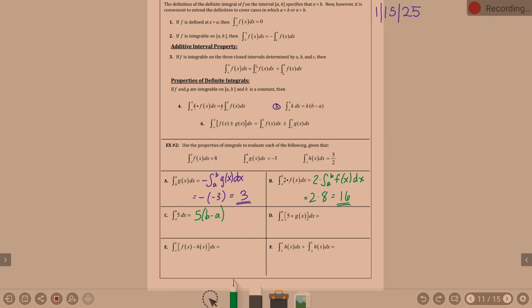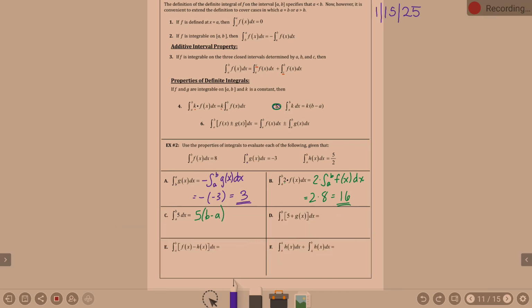Five times b minus a, because this is property number 5 from up above. When we learn how to actually integrate, you won't need that rule anymore because it'll be an easy thing to integrate. But when you have the integral of a constant, it's the constant times the difference of your bounds, upper bound minus lower bound. If we could do more math with that, we would, but we can't do any more math with that. So we're stopping there.